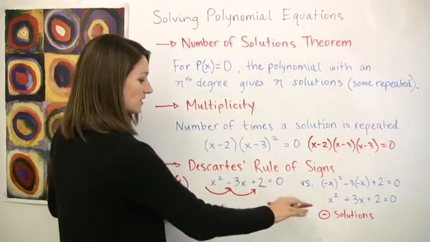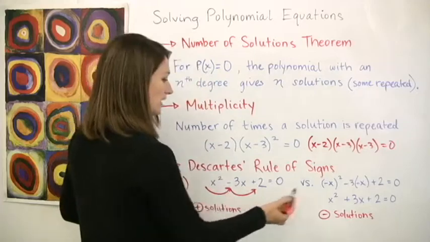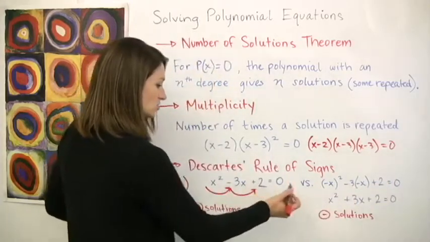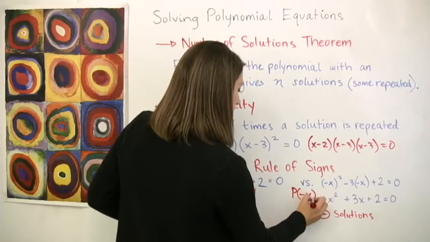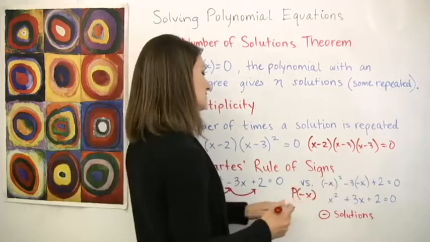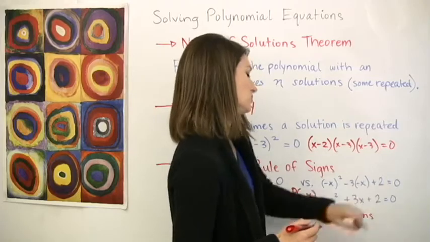Now the other side of it, we need to find our negative solutions, and so we replace x with negative x. So this is the same as this function here, but it's as if we wrote it as p of negative x is equal to this. And so we have negative x squared minus 3 times negative x plus 2 equals 0.